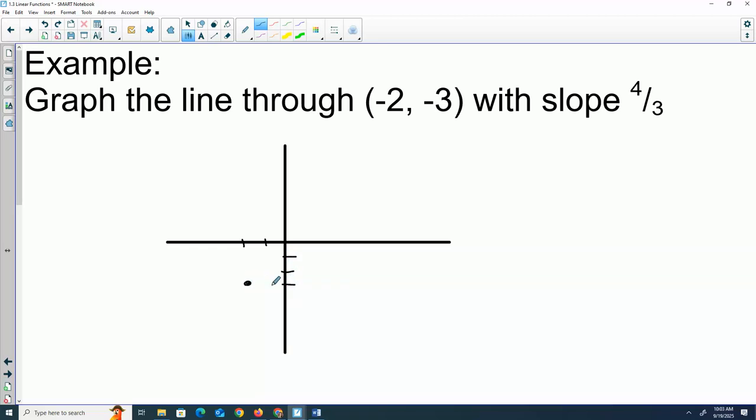And then we know our slope is 4/3, so we go up 4 over 3. And that gives us our second point. You could also go down 4 and left 3 because negative 4 divided by negative 3 is the same. And so we can get our line from that.